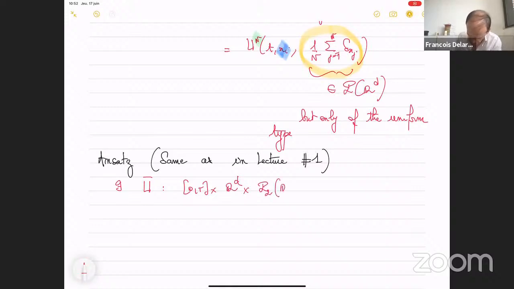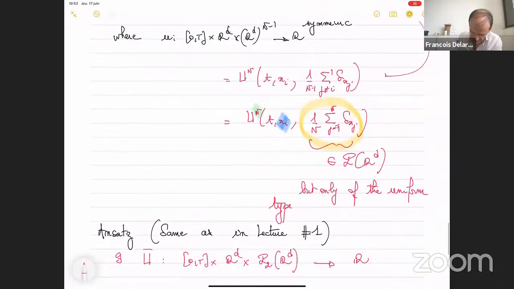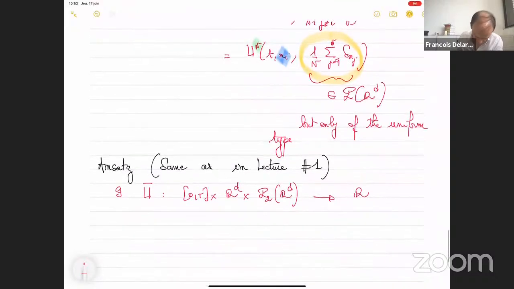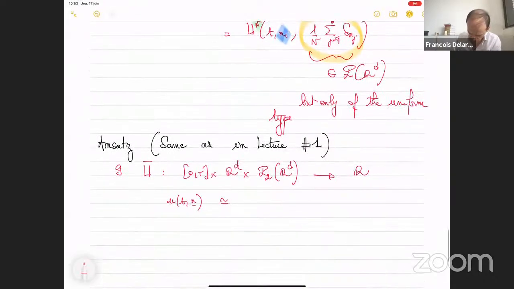Here I put P2 because this was the setting that we had yesterday, and I'm going to use that next, such that U(t, x underline) is approximately equal to U bar(t, xi, mu_N^x underline). This is the program that we had on Monday, but now I'm going to make it rigorous. But first, this is just an ansatz.